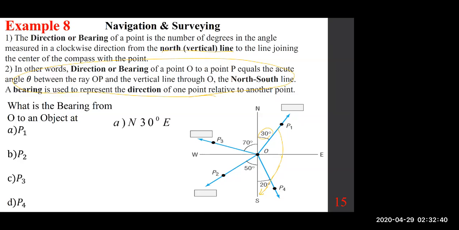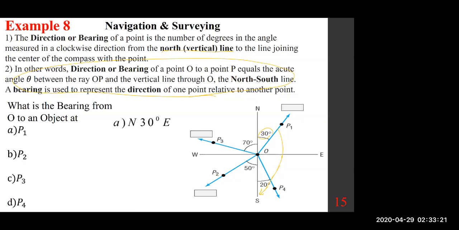Now, the next thing is we are looking at the next point, P sub 2. Is it closer to N or S? S. So we start with S. If it's closer to S, then we look at the angle that it makes with S, which is given as 50 degrees.